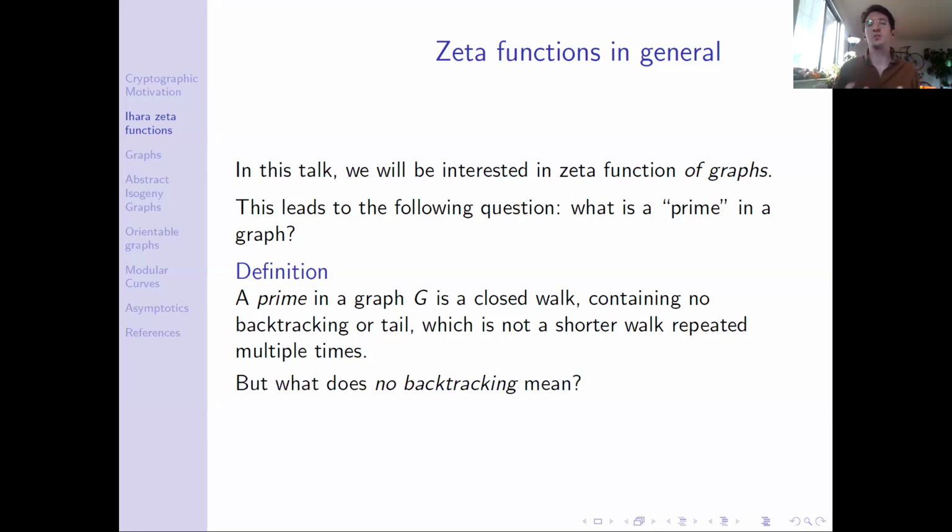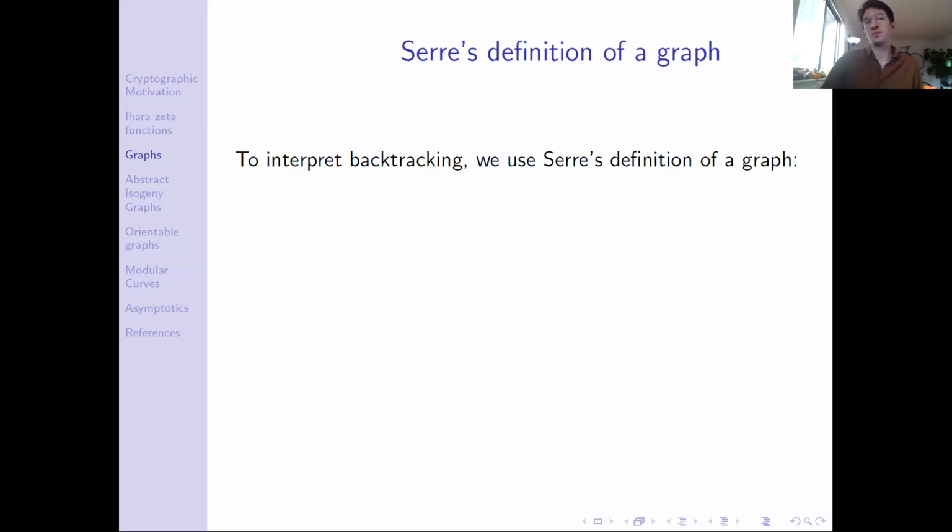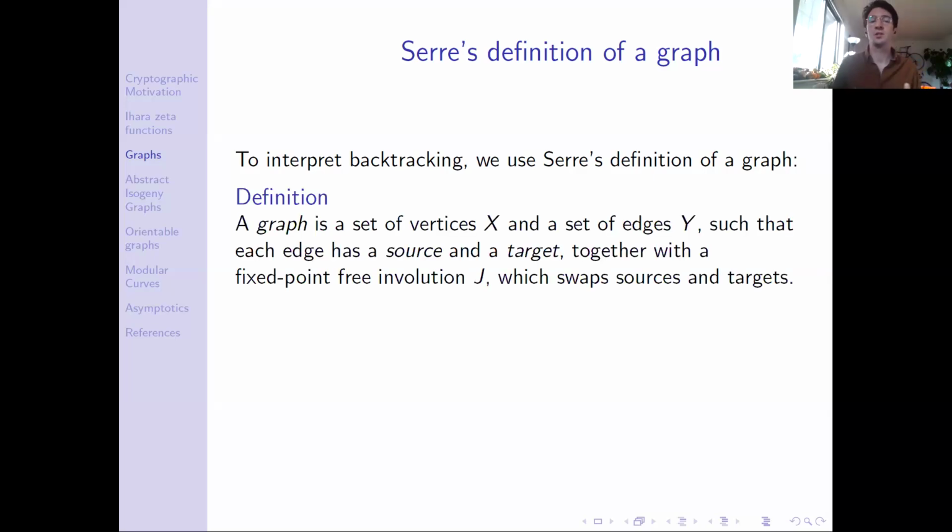But this leads to what turns out to be a fairly subtle question, especially in isogeny graphs, which is, what do we mean when we say no backtracking, right? So in general, just for graphs as general combinatorial things, there's this definition of a graph by Serre, and this is usually what people mean. So in Serre's definition, a graph is a set of vertices together with a set of edges, such that each edge has an identified source and target, and you have a fixed point free involution, J, which swaps sources and targets.